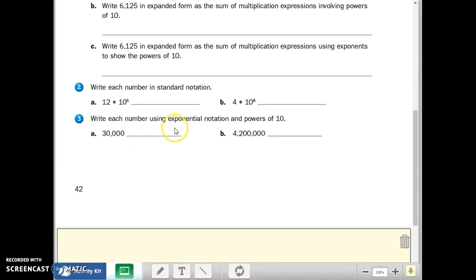So down here, this is that exponential notation part. Standard notation, again, is going to be just your typical answer. And then here is that exponential notation where you're going to take the powers of 10. So you've got to look at your beginning number and then how many zeros in it, that sort of thing. So I think this will be a little bit interesting to see how you're going to do with this one, because it's kind of confusing, but you've got to really think about the powers of 10.